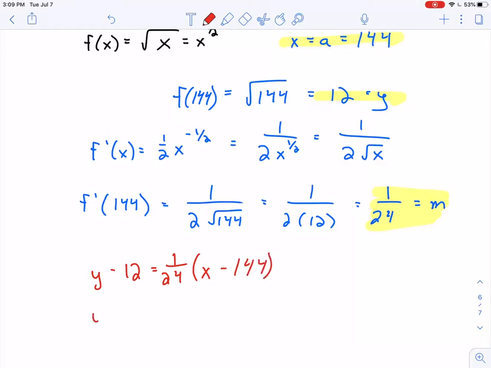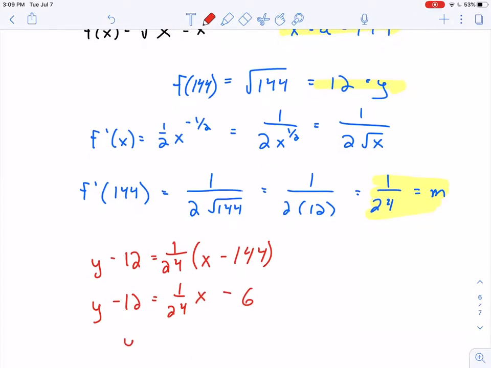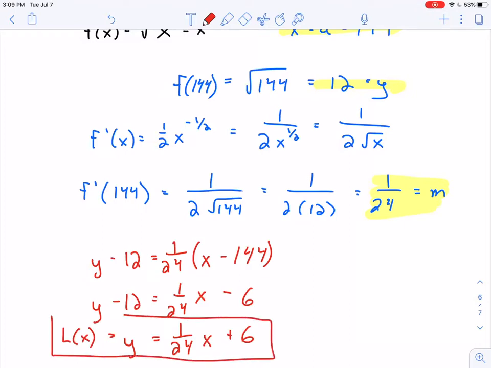Here I should have y minus 12 equals 1 over 24 times x, minus 144 divided by 24, which is 6, but let me double check. 144 divided by 24, yes, minus 6. Adding 12 over, I have y equals 1 over 24 x plus 6. This is my linear approximation L of x.